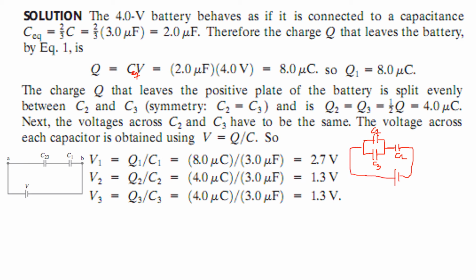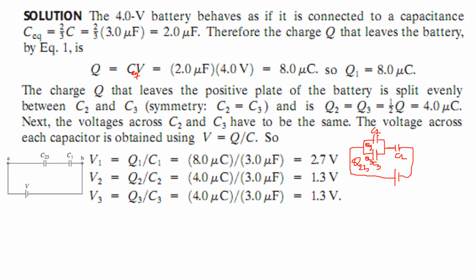This is our original circuit. Then this means that as we have calculated the charge here, Q23 is divided into the charge stored in capacitor 3 and the charge stored in capacitor 2.